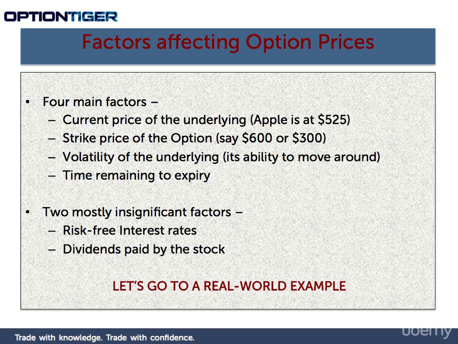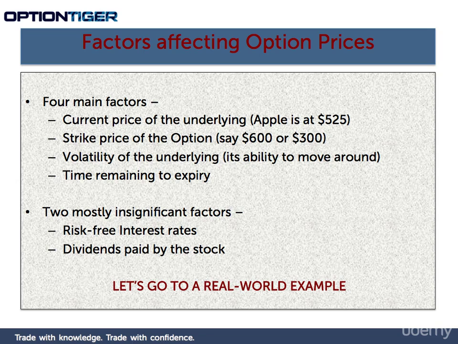Between a buyer and a seller, the seller is going to demand more premium for an option that has 60 days remaining to expiry than an option that has 30 days. And if there was an option at 120 days left to expiry, that option is going to obviously be much more than the 60 days. So it's a very linear relationship. The more the time, the more expensive the option is going to be.